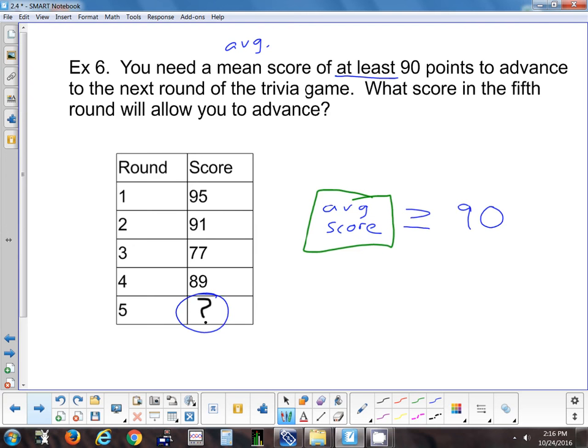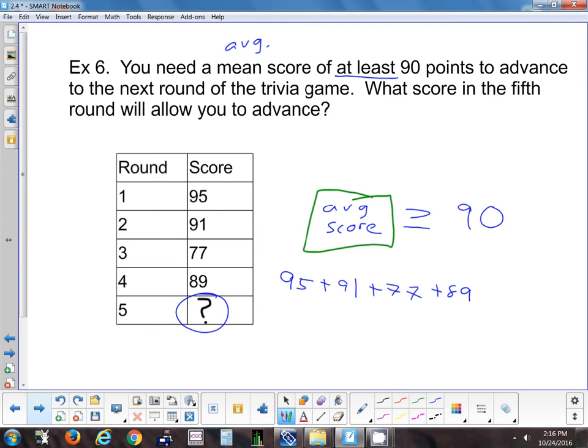What do you do? Well, it's actually 2 steps. You're going to take all the things you have and do what with them? Josh? Okay, let me start with that. Take all my scores I have, 95, 91, 77, 89. Now, what should I put for my score for the 5th round? I don't know it yet.